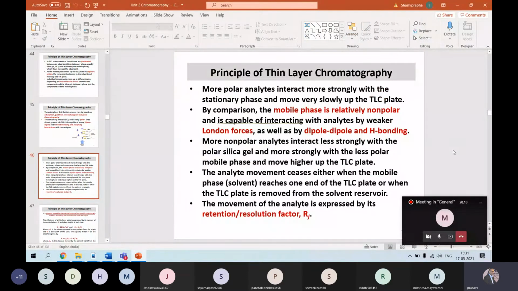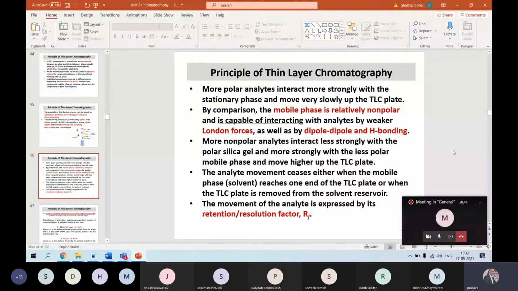Now, I was talking about London forces. London forces are very weak forces of interaction. They are so weak, they are just able to distort the electron cloud of the neighboring species. They are unable to even see the charge. They are just able to distort the electron cloud, because what is a bond?